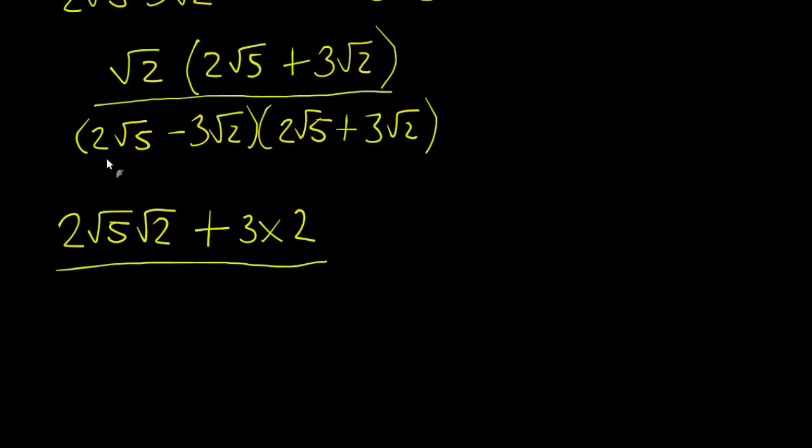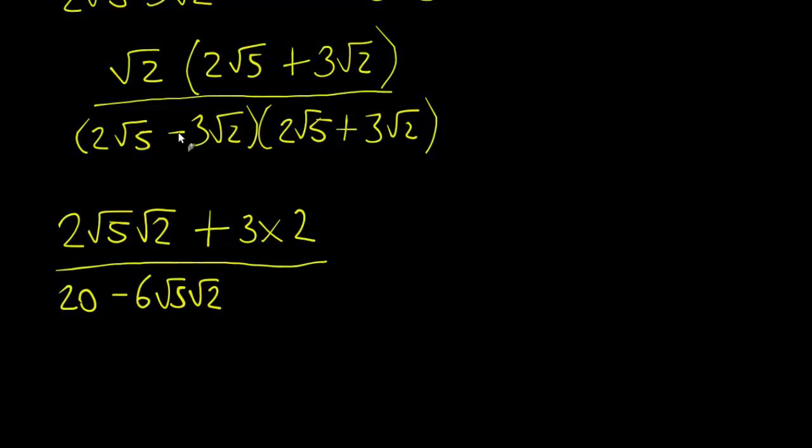At the bottom we need to multiply each term, so we end up with 4 terms. We do 2 root 5 times 2 root 5, and that's actually the same question that we did for part A. 2 root 5 times 2 root 5 will end up being 20. Then we do 2 root 5 multiplied by 3 root 2, which will give us 6 root 5 root 2.